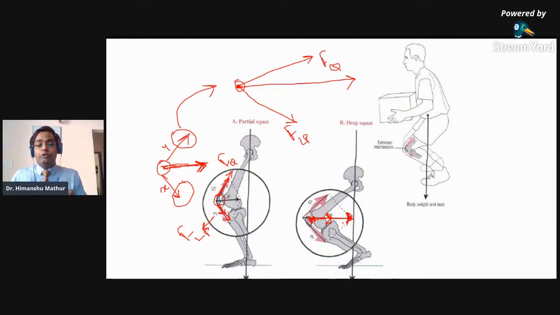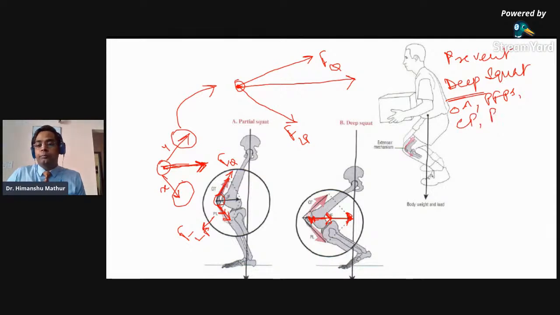All right. So if you want to prevent patellofemoral joint arthritis or patellofemoral joint pain or chondromalacia patella, always try to prevent deep squat. I'll just write this: prevent deep squat. Even if the patient is having OA or PFPS or chondromalacia patella or PFJ arthritis, just try to avoid deep squat.